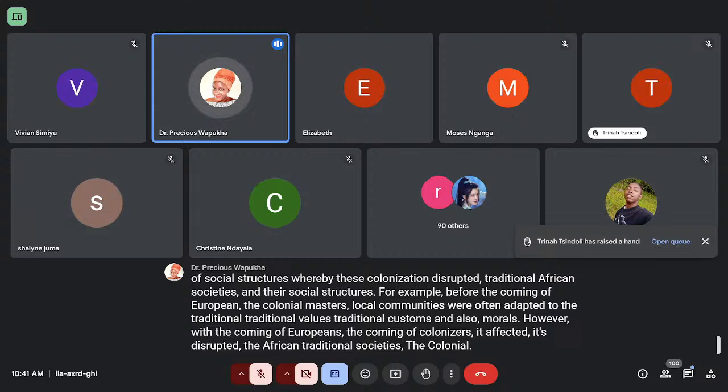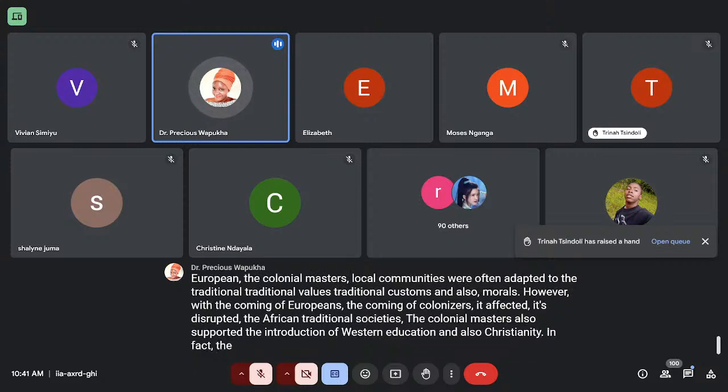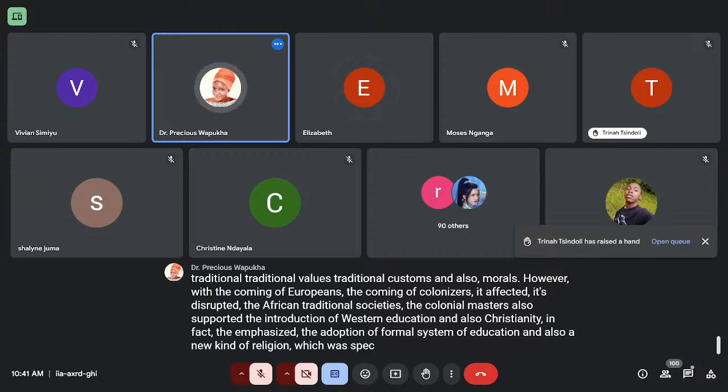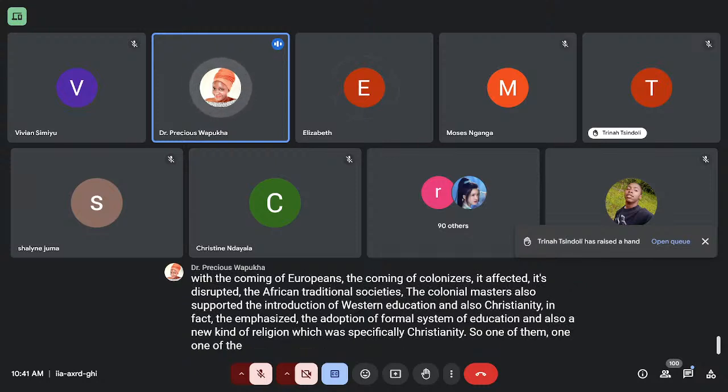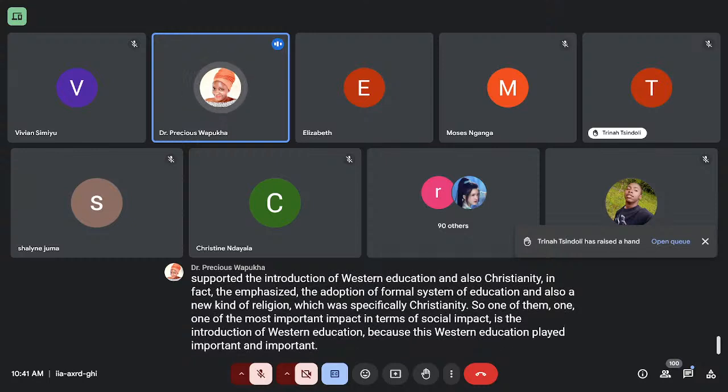The colonial masters also supported the introduction of Western education and also Christianity. In fact, they emphasized the adoption of a formal system of education and a new kind of religion, specifically Christianity. One of the most important social impacts is the introduction of Western education, because it played an important role among the African elites.